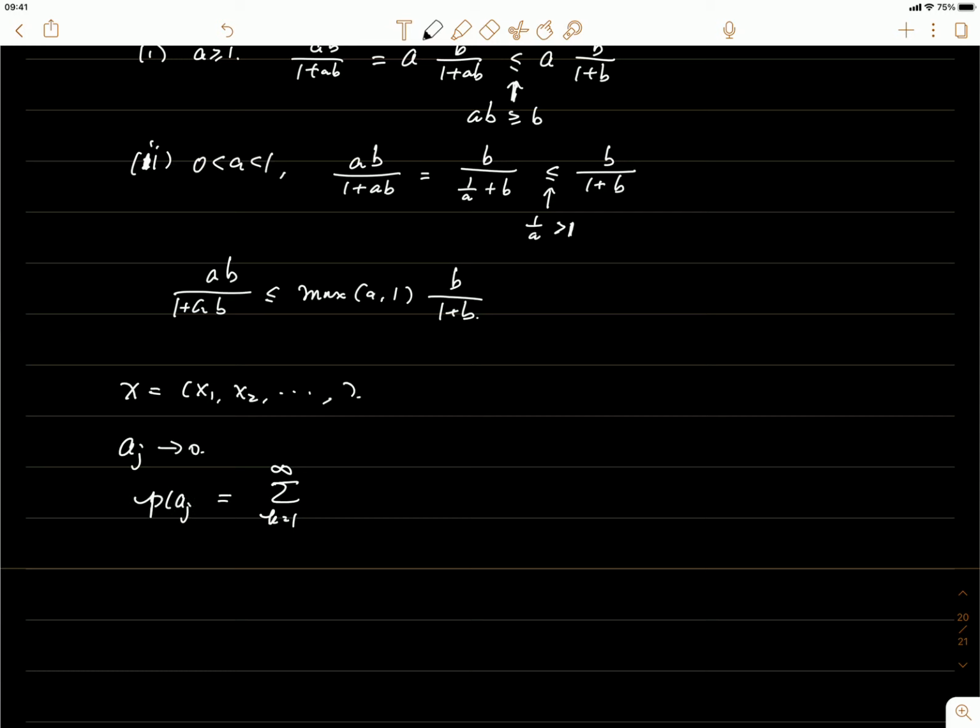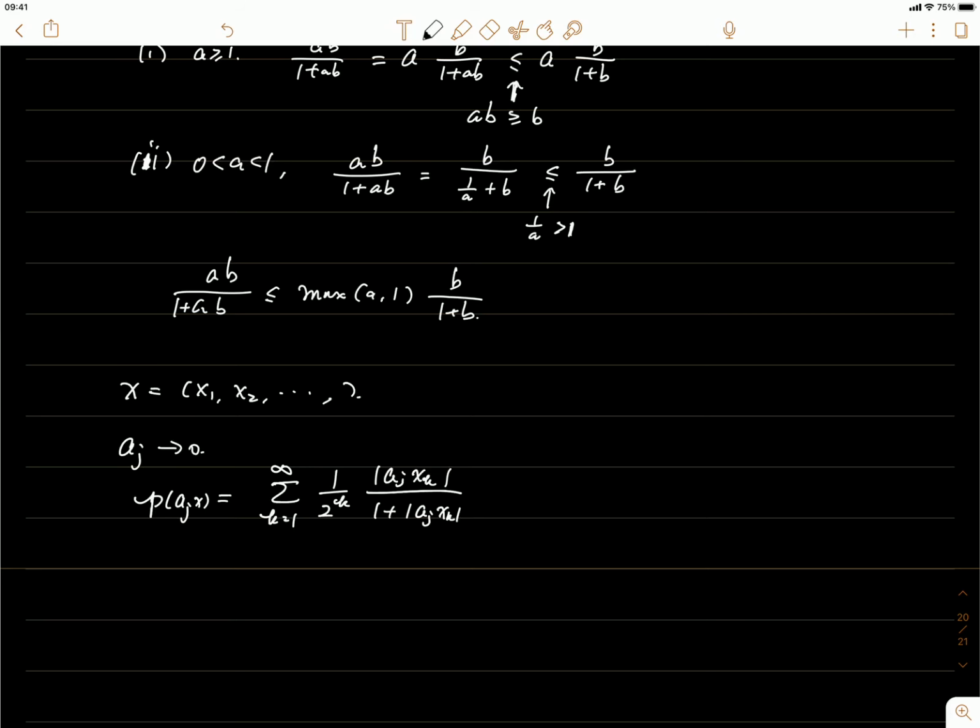The p of ajx is equal to, for any fixed j, we're going to multiply aj to x, so that would be the sum of aj times xk over 1 plus ajxk. Okay, the question is, if we know aj goes to 0 as j goes to infinity, how do we show that this infinite sum goes to 0?